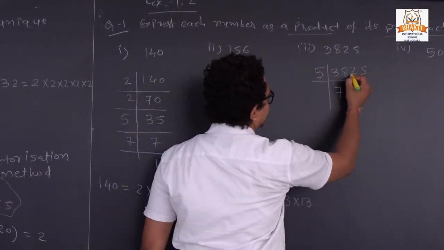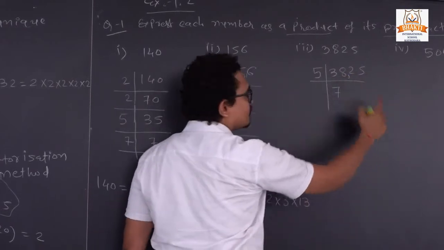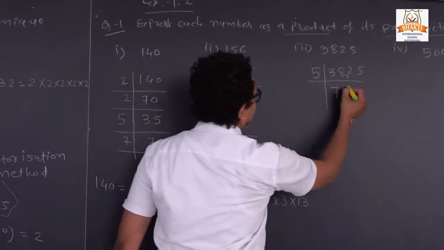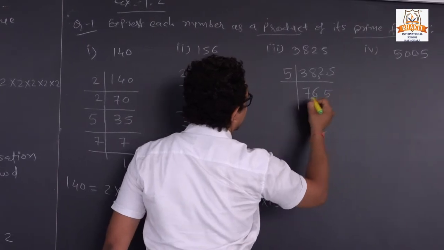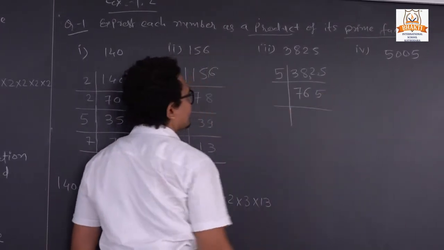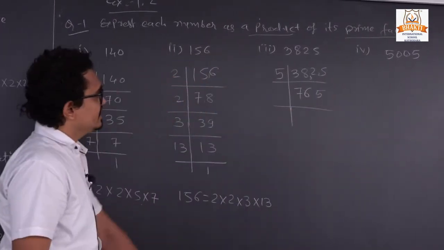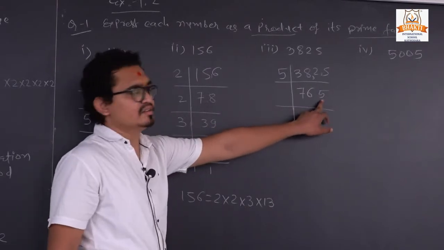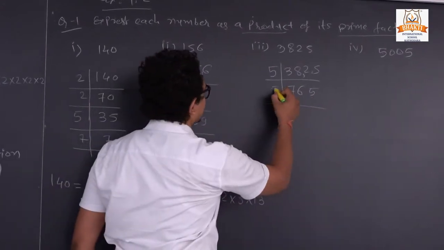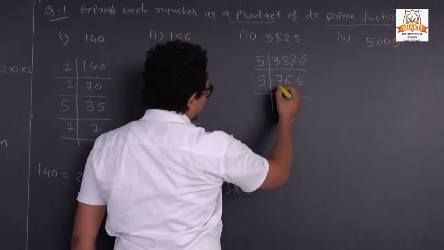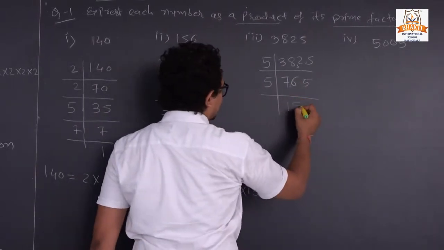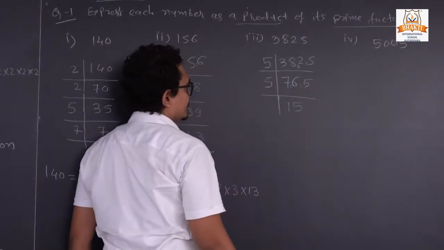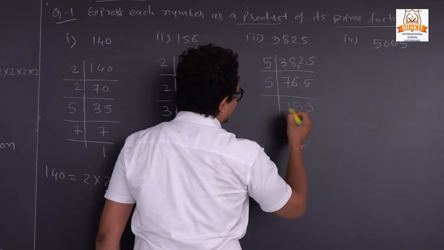So here we have a 3. 5 6s are 30. So here we have a 2. So 5 5s are 25. Once again we have a 5, so we can divide by 5. So 5 1s are 5. So here we have a 2. 5 5s are 25. Here we have a 1. And 5 3s are 15.